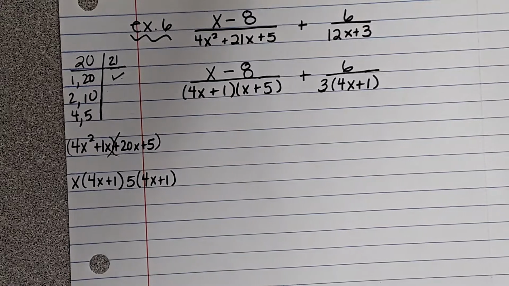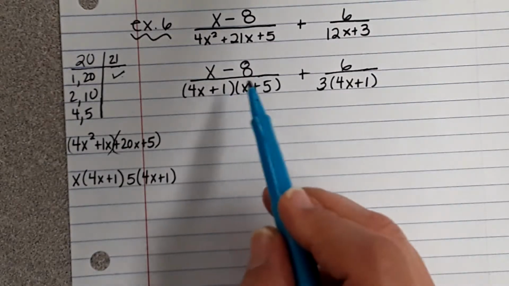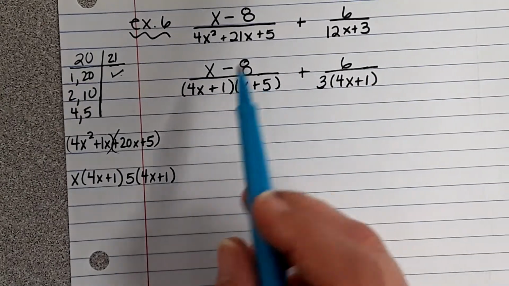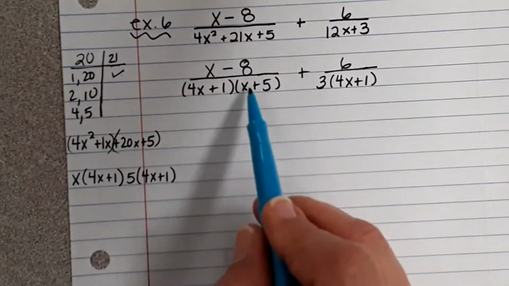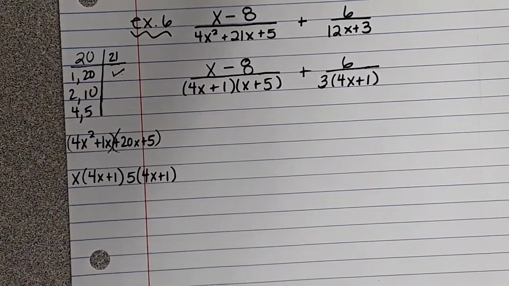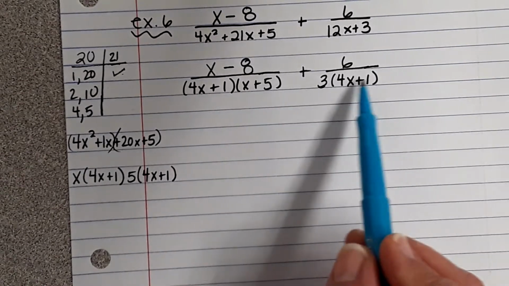Okay, so now it's our job to see two things that I might ask you. I might ask you, what is your LCD? What is your LCM? And it's basically 4x plus 1, x plus 5, and the 3. So our job is to say, what is this denominator missing that this denominator has? This denominator needs something that this denominator has.